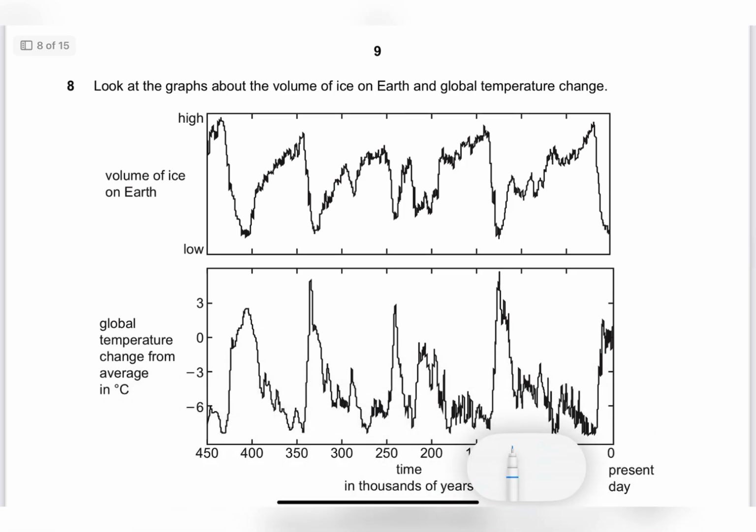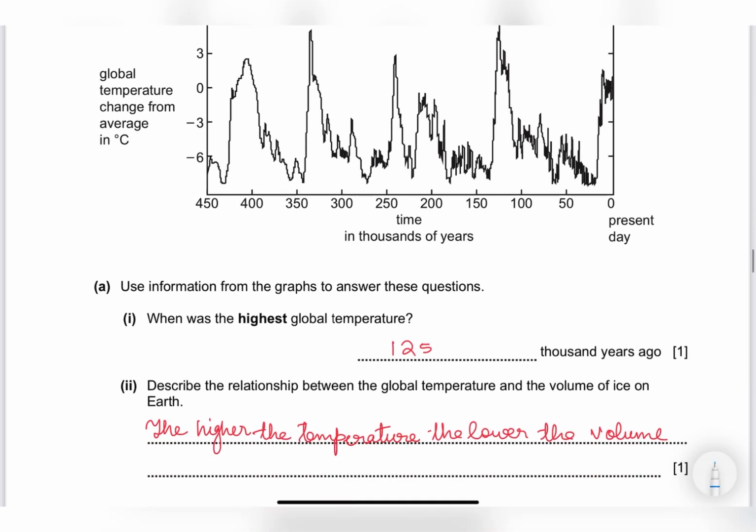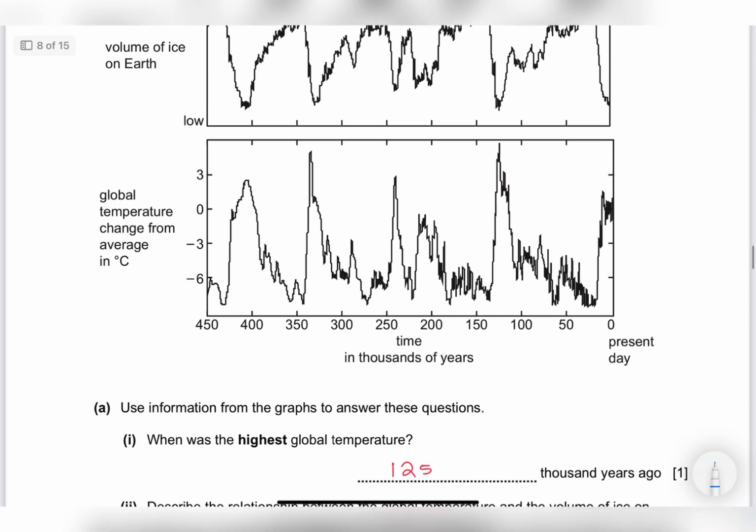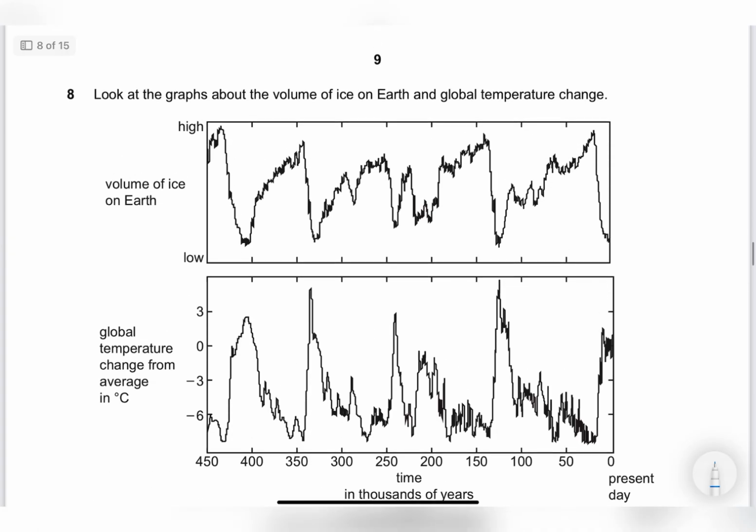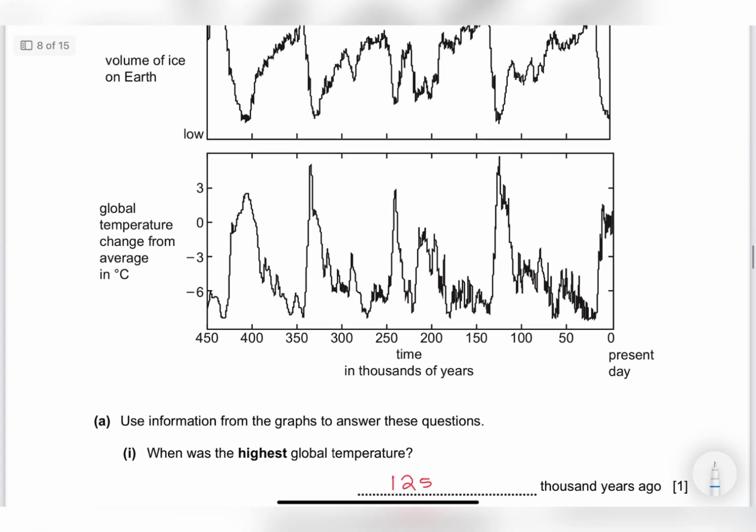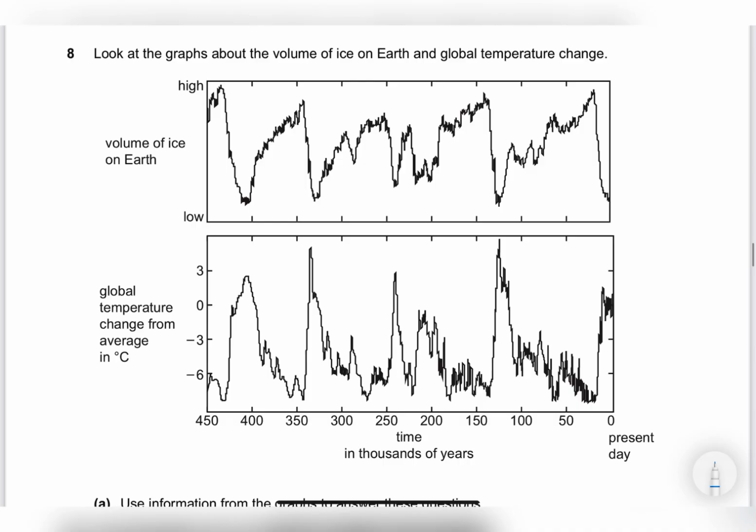Look at the graphs about the volume of ice on Earth. Which one has the highest global temperature? When was the highest global temperature? If we look very carefully, the highest temperature was at, we will look in this, okay, global temperature.